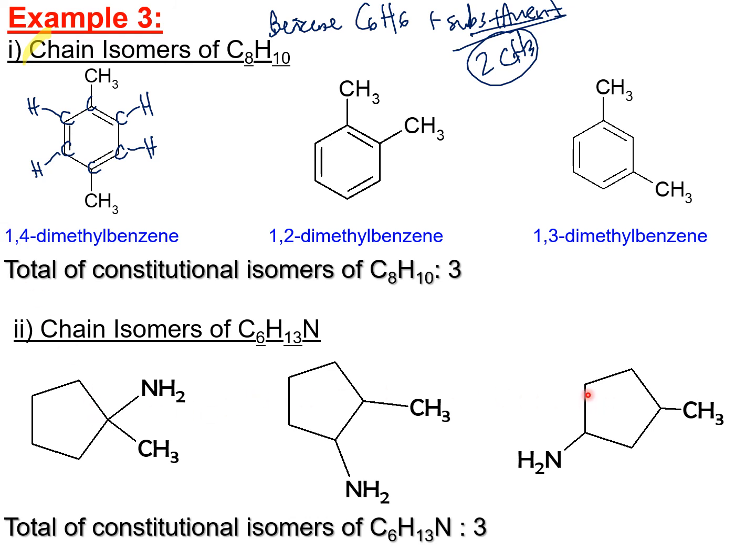Don't worry, I don't think they will give something this hard in the exam. This is just an example for you to see. If you have a cyclic structure and a hydrocarbon substituent here, CH3, but we put it in a different position, it is still identified as chain isomers, just because we change the position of the carbon atom, the carbon chain.